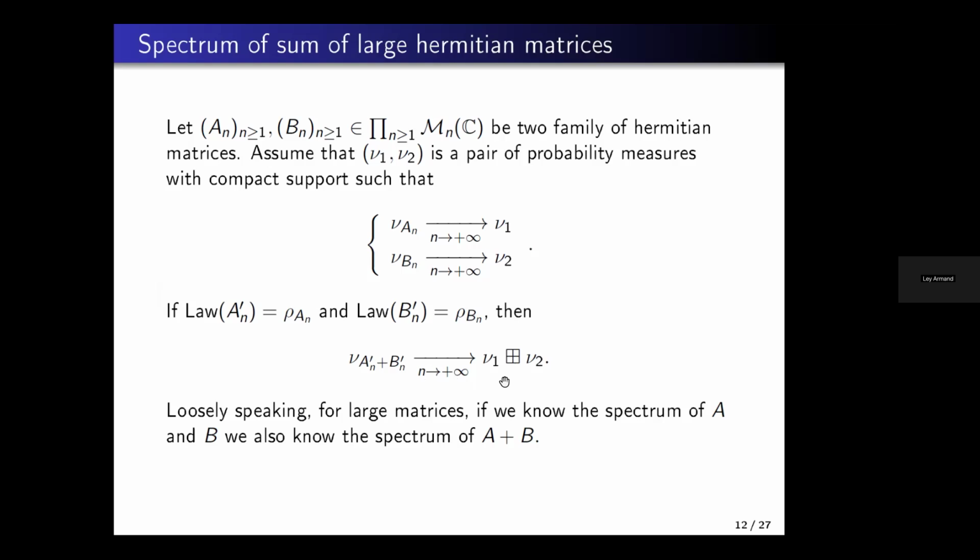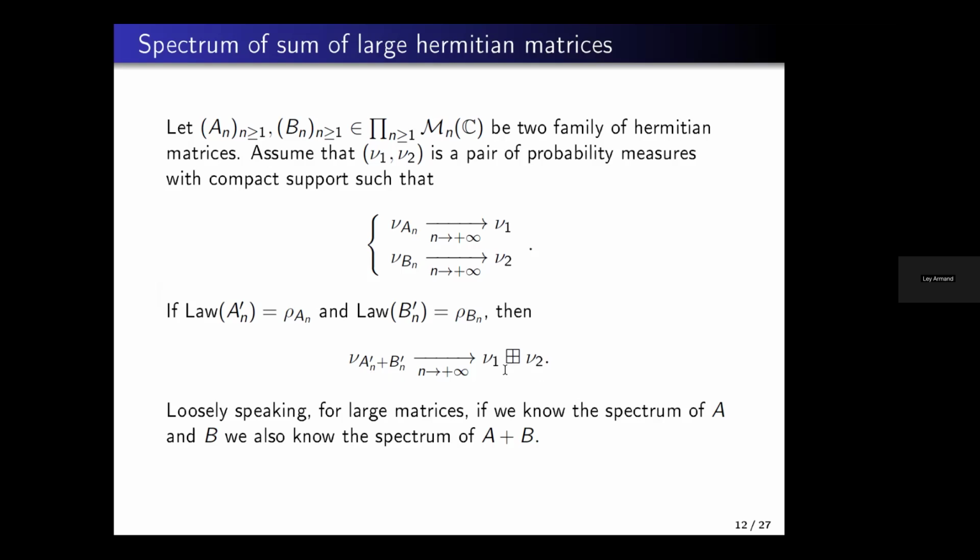And I said surprising because you know that if you take two matrices and you look at the spectrum of their sum, it does not just depend on the spectrum of A and B, but does depend on the particular structure of the matrices A and B. But here you see that when the size of the matrices goes to plus infinity, and the individual spectra converge, the spectrum of the sum also converges to another measure, and so does just depend on the spectrum of A_N and B_N.